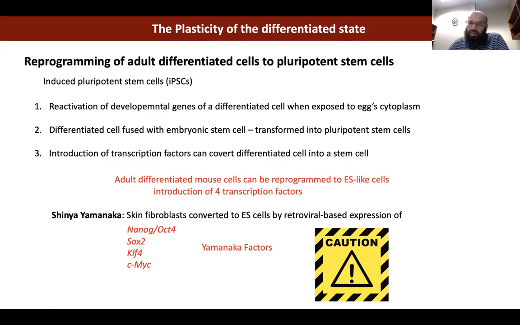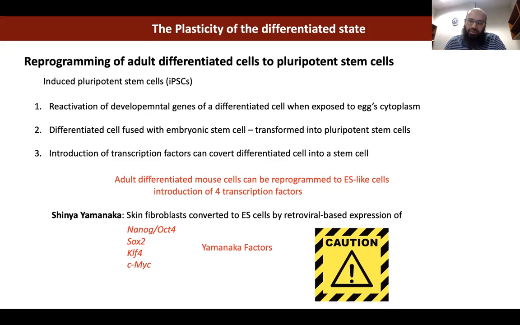And from that, scientists deduced that there are probably a set of transcription factors that govern this change, or that can reactivate the developmental genes, and that can lead to de-differentiation of any cell type. And while they were searching for these transcription factors, very surprisingly, it came out that there are only 4 transcription factors that are required to maintain this pluripotency-like state, or ES-cell-like state.